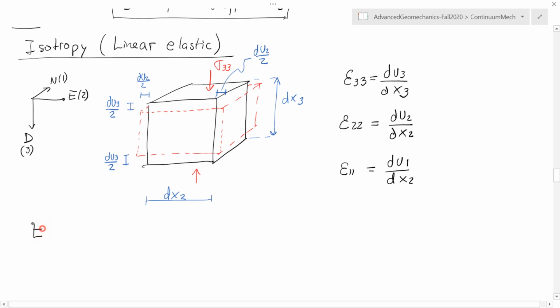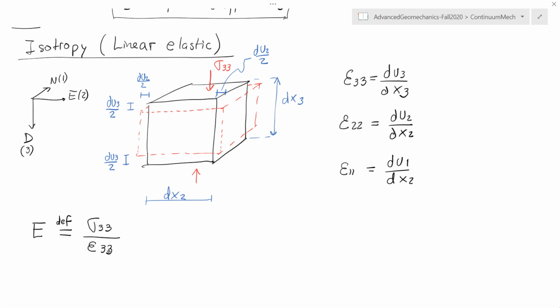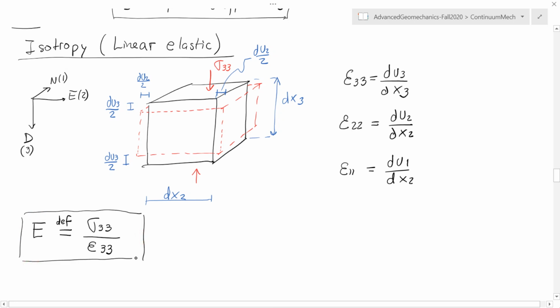By definition, and I have seen this notation recently in a book that I like very much, it's an equality enforced by definition: the Young modulus is equal to the stress divided by the strain that causes that stress in the same direction. And this is the Young modulus. And remember, it's a definition.